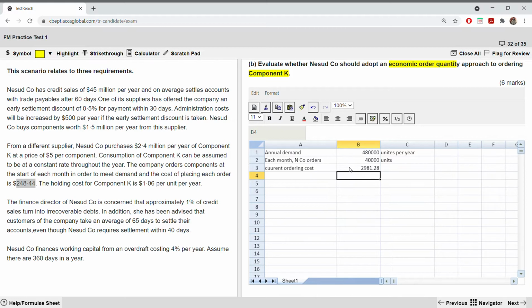It will be 2981. You can round up this number and write. It's better to use the rounded figure, 2981 per year.